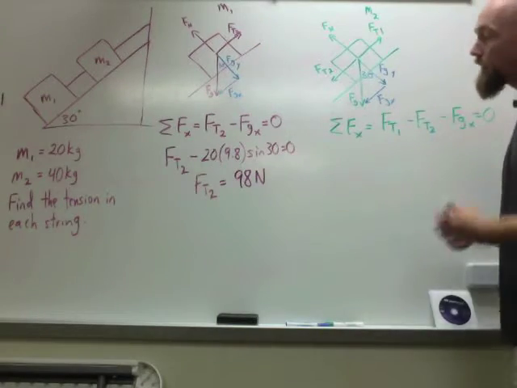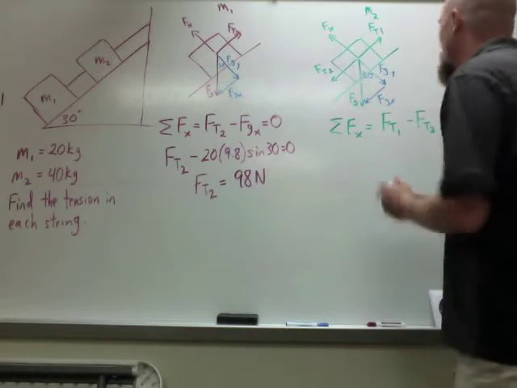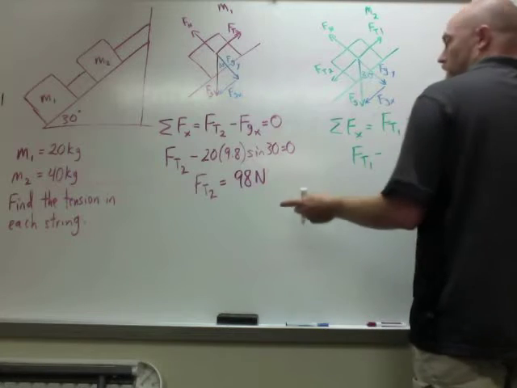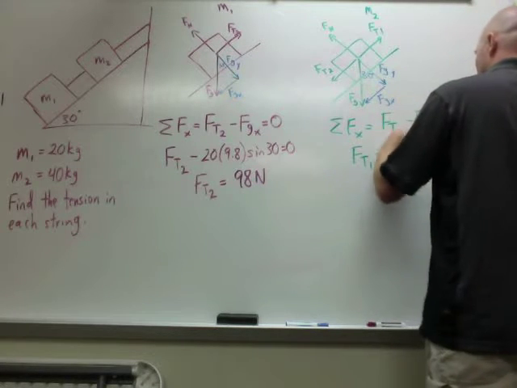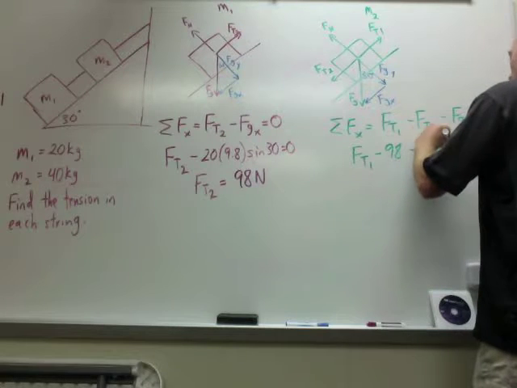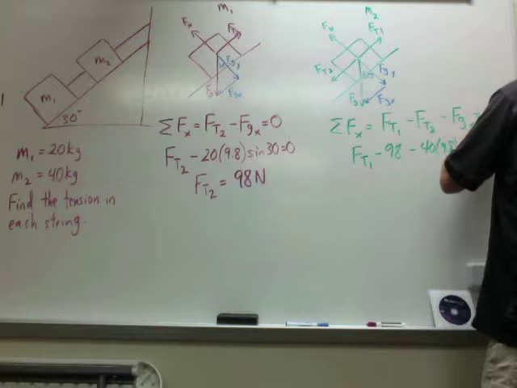Now, if I know FT2, I can then plug that in here. So then I get FT1 minus 98, minus the other one, which is 40 times 9.8 times the sine of 30, equals 0.